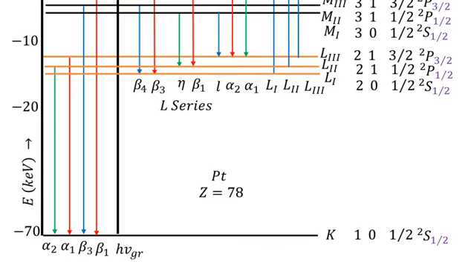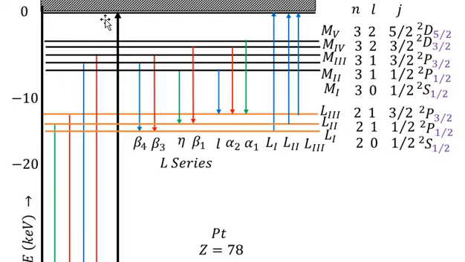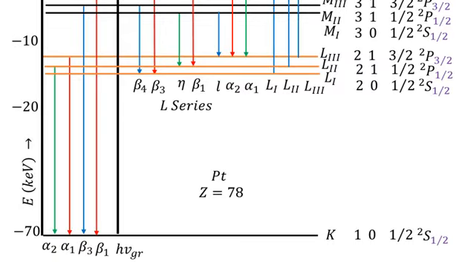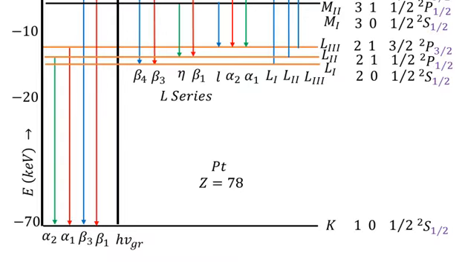The last element of the K series, which corresponds to the maximum value of energy, is the energy released when the valence electron jumps to the K shell to fill the vacancy. The energy released in the form of an X-ray will be equal to H nu ground, and that will be the maximum energy, which is referred to as the K edge.